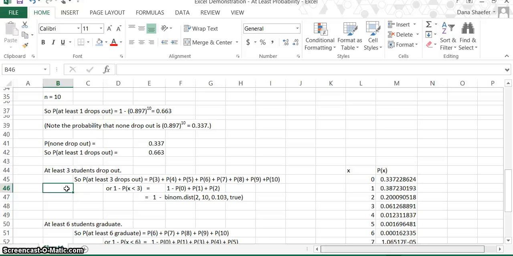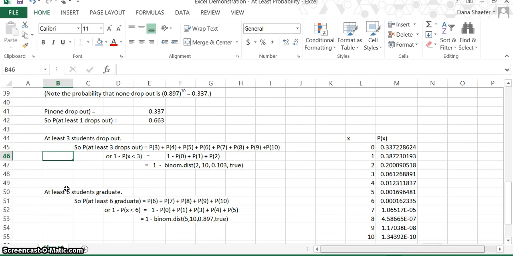So I wanted you to see, over to the side in this spreadsheet, I went through and did all of the probabilities from 0 all the way to 10. So this is the probability that none drop out, 1, 2, 3, 4, 5, 6, 7, 8, 9, and 10.